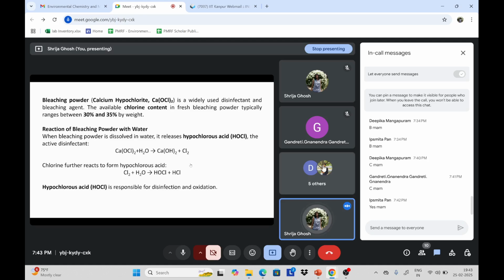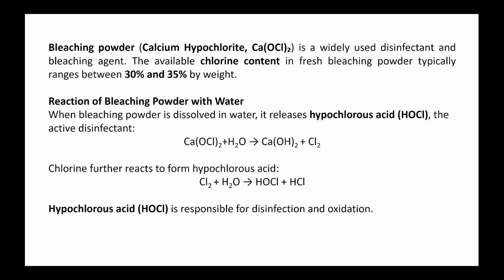That is because these reactions happen in the solution. Whenever we dissolve the bleaching powder in water, it forms calcium hydroxide and chlorine gas, and that chlorine gas further reacts with water to form hypochlorous acid. And hypochlorous acid is the one that is responsible for all the disinfection that bleaching powder does.